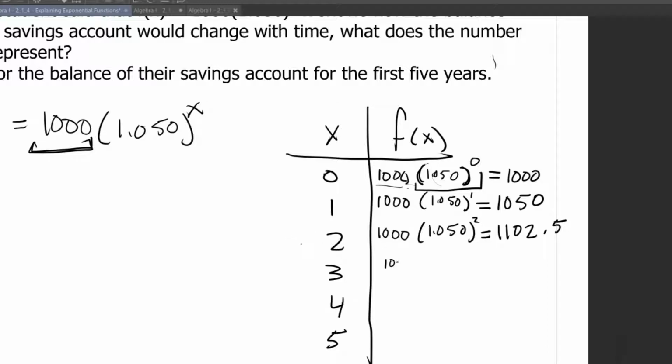Year 3, and then 1.050 to the third times 1,000 is 1157.63, and so on and so forth.